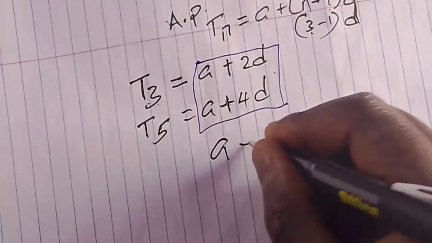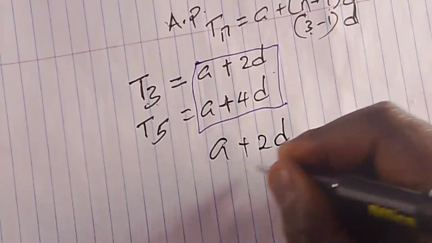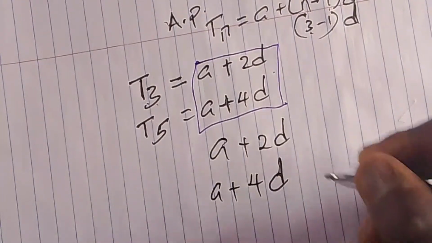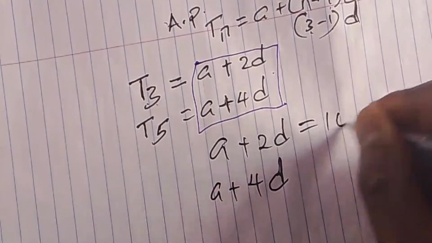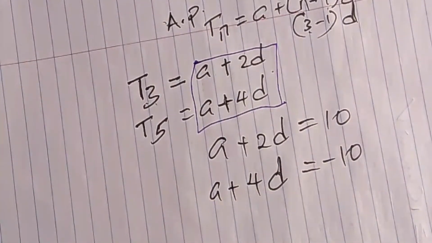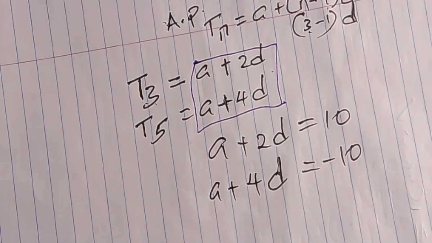The third and the fifth term of an arithmetic progression are 10 and negative 10 respectively. Cheni niwaekee maua. Najua wasichana wengi napenda maua. Na huku sioni kijana. Kwani boy child wako wapi?